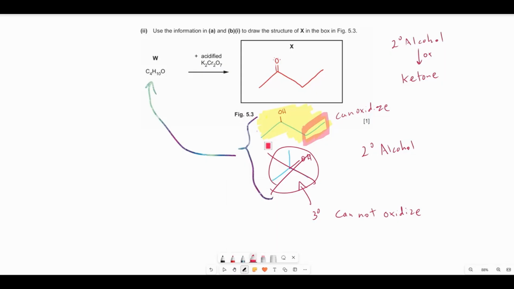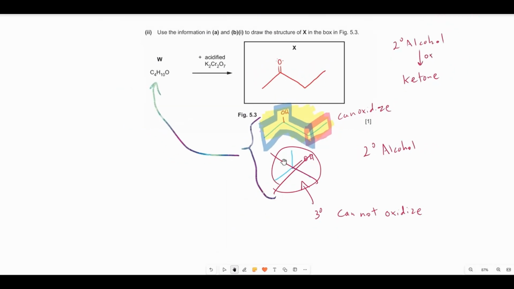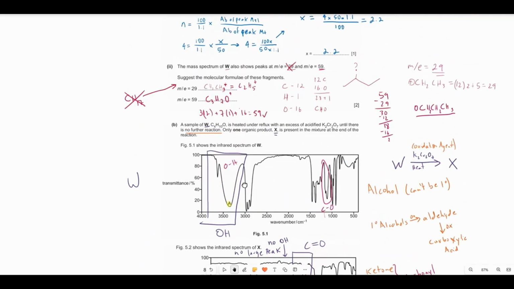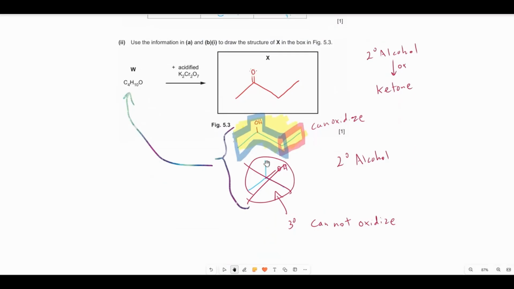And then we have a 3 carbon fragment with an oxygen, and I believe it was 7 hydrogens. So it fits the fragments as well. So it fits all our data. This is how we know that we're completely right. Both what we figured out W was and what X is fits the data we were given.